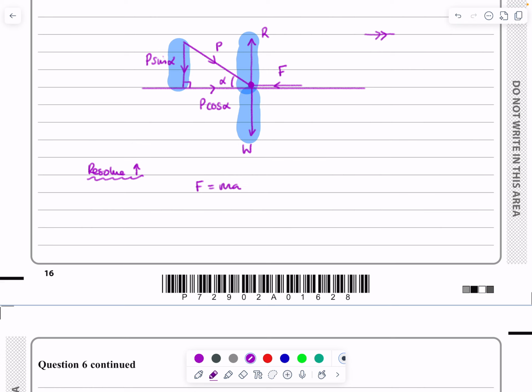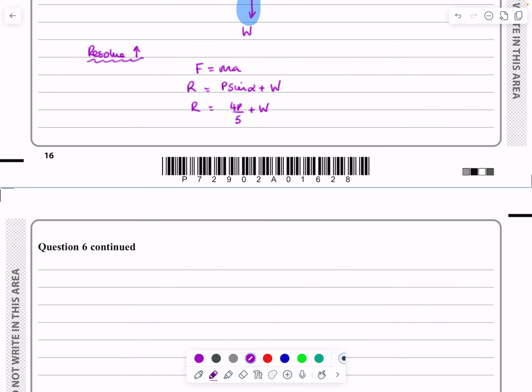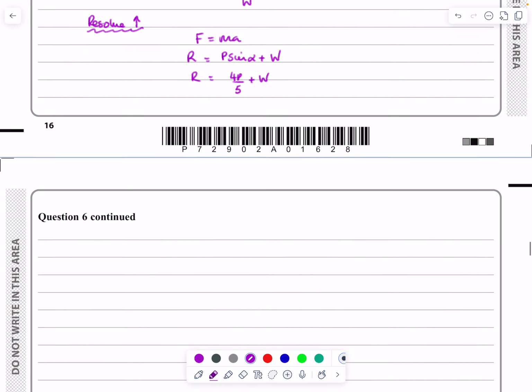There's no acceleration, so I can say that R is going to be equal to P sine alpha plus W. The upwards forces equal the downward forces, and we know that P sine alpha is 4P/5, so R works out to be 4P/5 plus W.